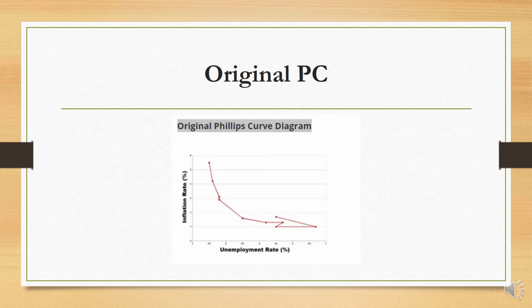Here is the original Phillips curve, the PC curve, which the author A.W. Phillips presented in his research article, with the unemployment rate on the x-axis and the inflation rate in percentage on the vertical axis, and there is a negative relationship between inflation and unemployment, that is, the trade-off between inflation and unemployment.